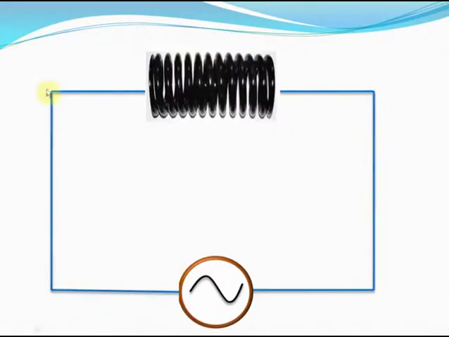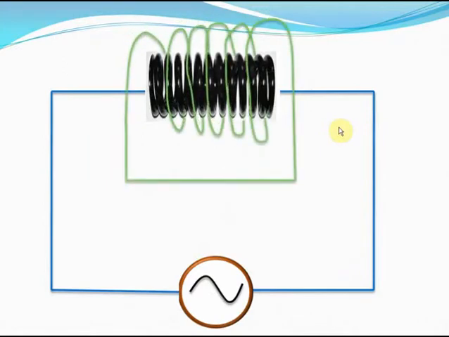Let's say we have a coil like this, and let's say we have another coil that surrounds this coil. Now the initial black coil is connected to a battery, but this green coil is not connected to any battery. Now if the current through this black coil varies, then the flux through the black coil will vary, because the magnetic field of the black coil will vary.